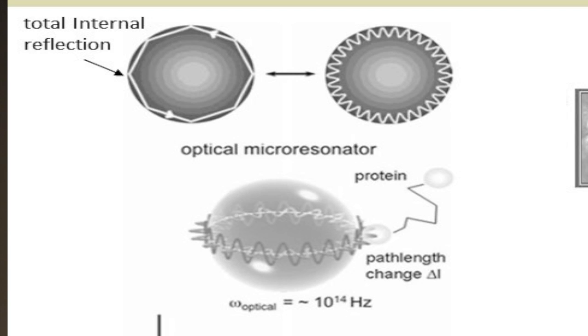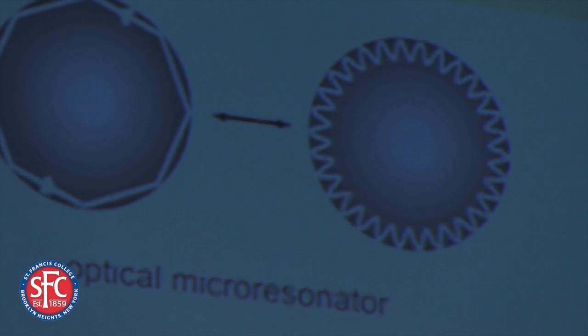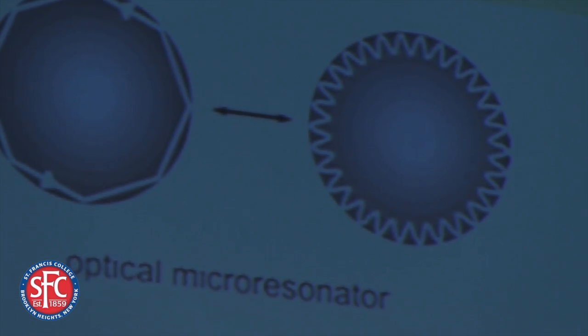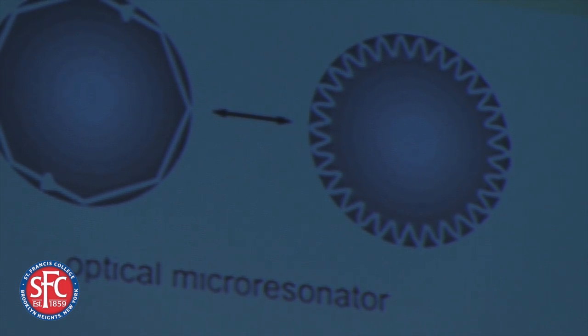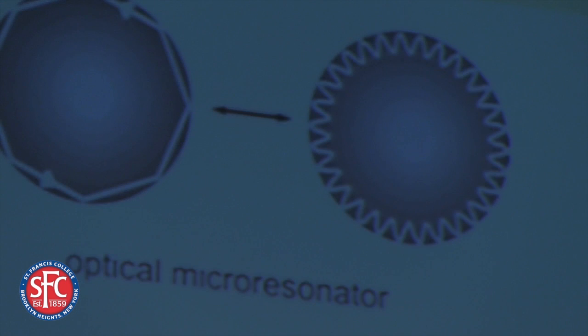If I don't have an integer number of wavelengths, then when the wave comes around and meets itself again, it won't be in phase. So I won't get perfect constructive interference. I'll start getting destructive interference, and it kind of just negates itself out. So there's a condition of resonance. Only certain wavelengths can accumulate to large energy densities inside this microcavity.